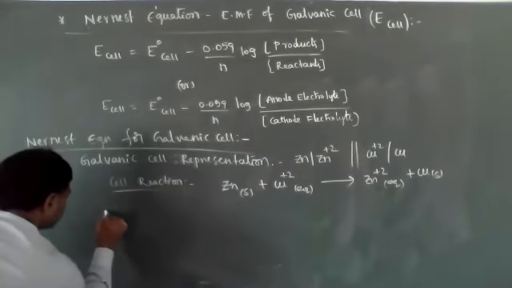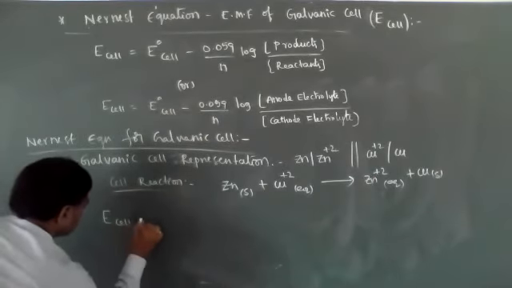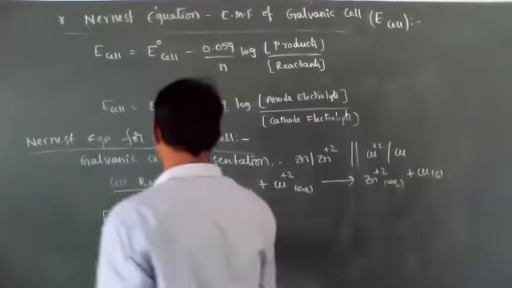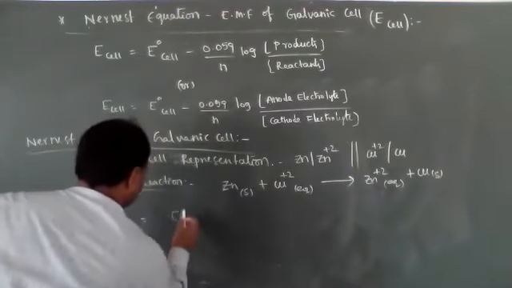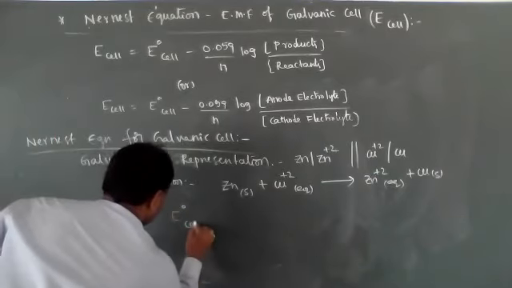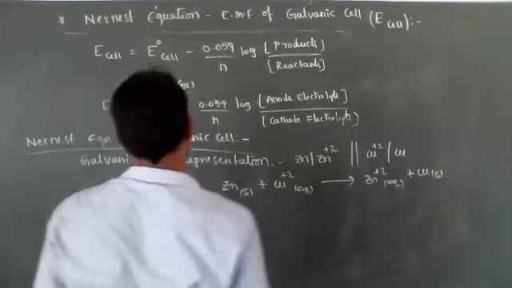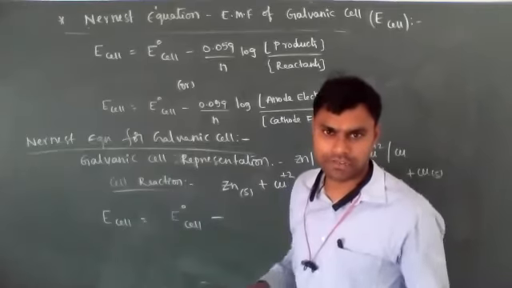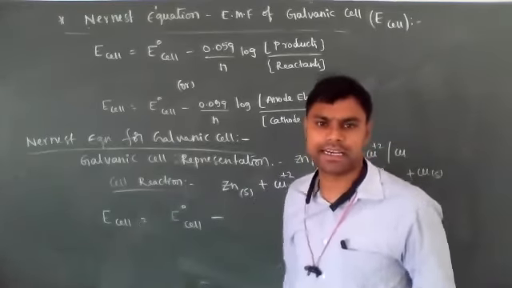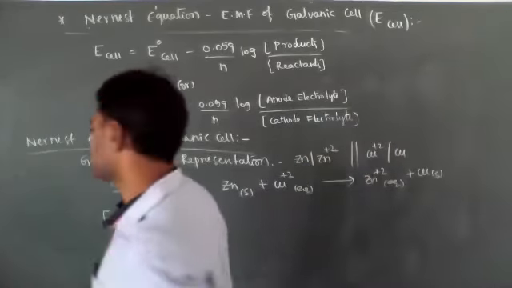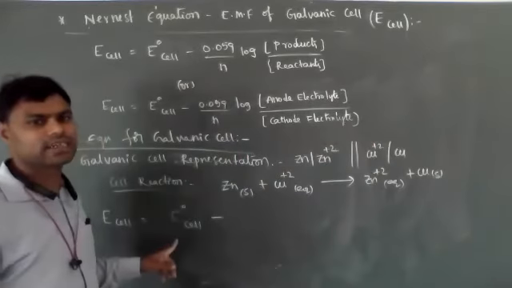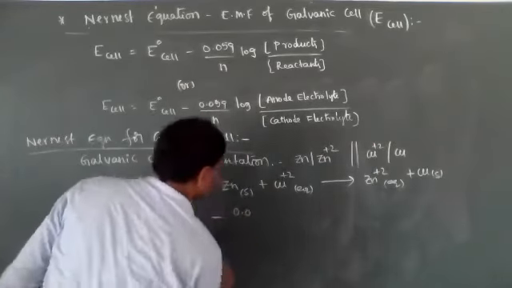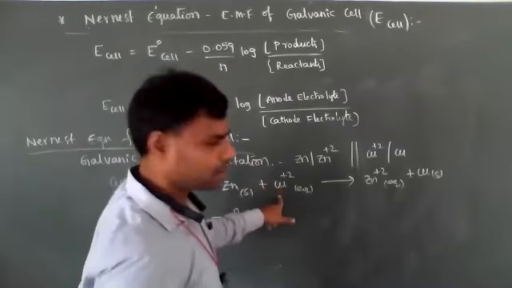So now the electromotive force of this galvanic cell under different conditions is equal to E0 cell minus. The standard electromotive force of the galvanic cell is fixed, but if the concentration is changed, then how to calculate the EMF of the cell? In this equation, how many electrons are involved?